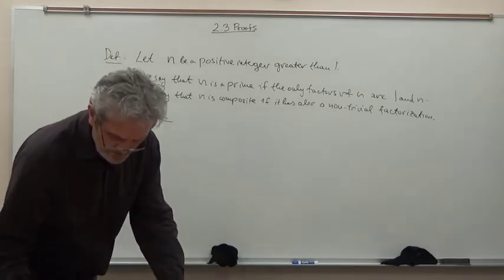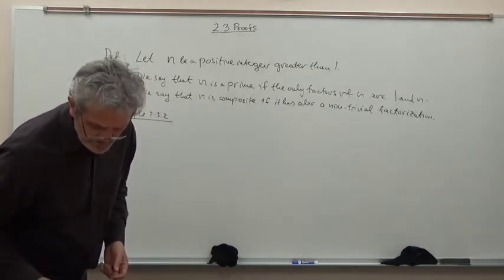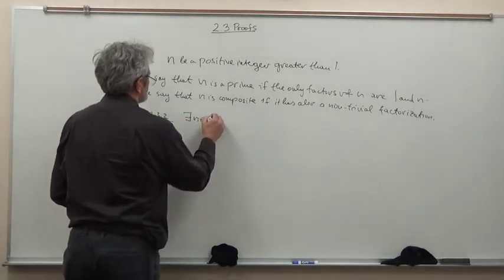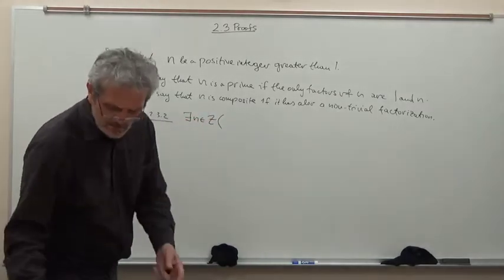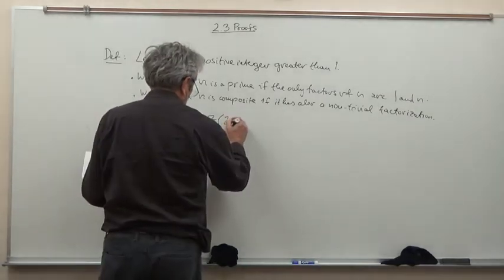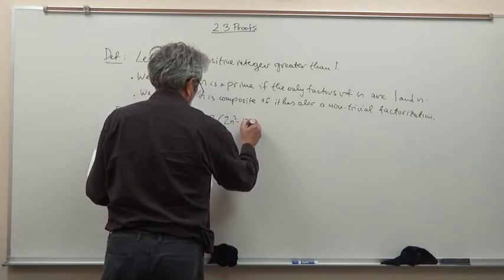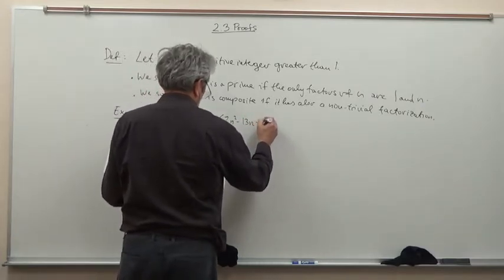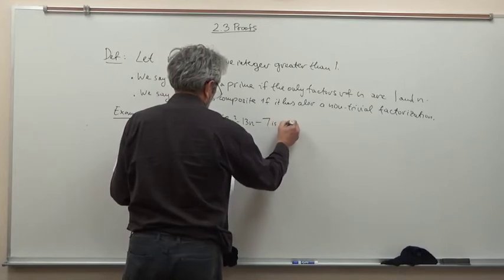And the question is, prove or disprove that there exists n from Z such that 2n squared minus 13n minus 7 is a prime.